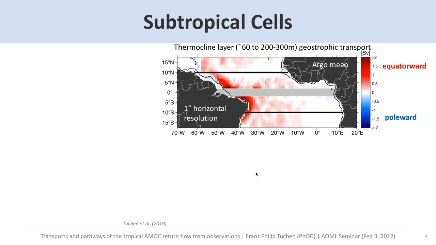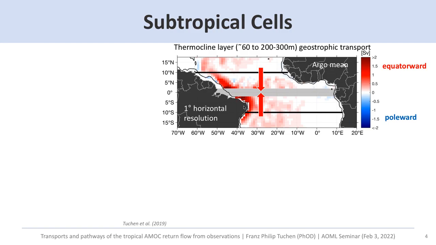I used a mean from an Argo climatology, the Roemmich-Gilson climatology, with a 1 degree horizontal resolution, which is shown here in this plot. And here it is important to note that all the red colors indicate equatorward transport, and the blue colors indicate poleward transport, just to illustrate the convergence of mass transport in the thermocline layer.